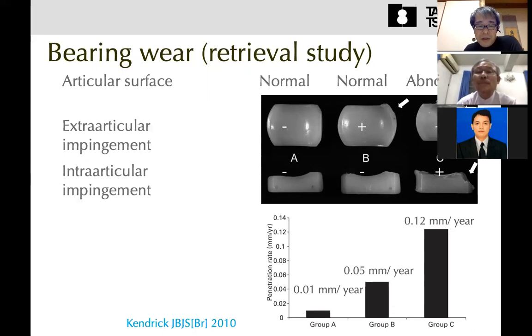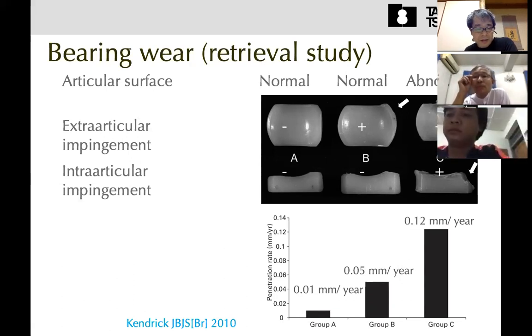So during the operation, we need to check for both extra-articular and intra-articular impingement. Extra-articular impingement comes from a bone fragment, and intra-articular impingement is a hit by, for example, cement or some bone edge of the intercondylar notch.